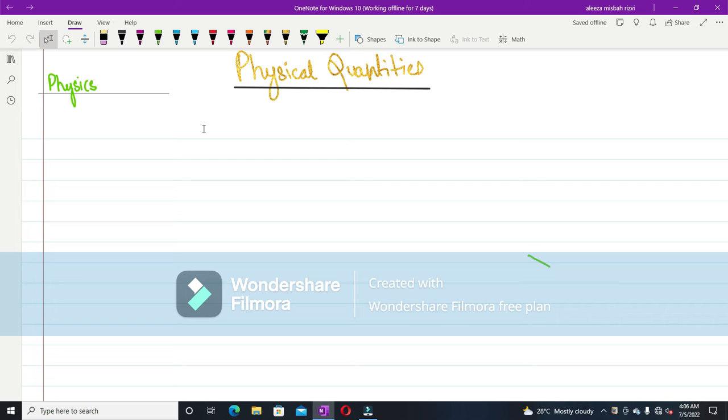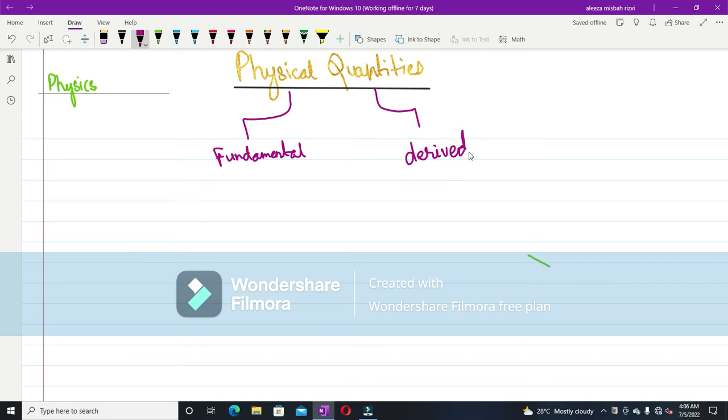Okay. So there are two types of physical quantities. Let me draw. First are the fundamental, or we can say the basic physical quantities, and the other are the derived ones.